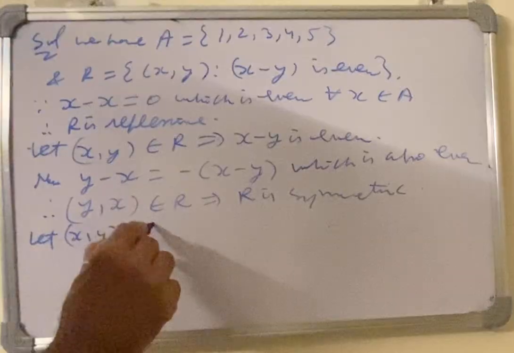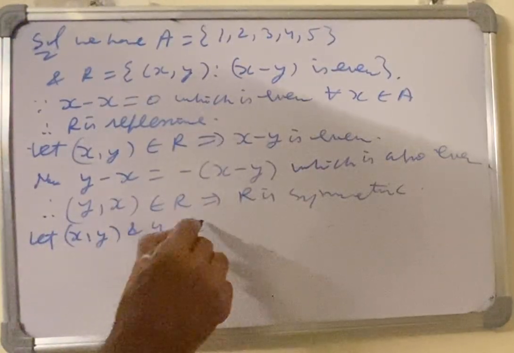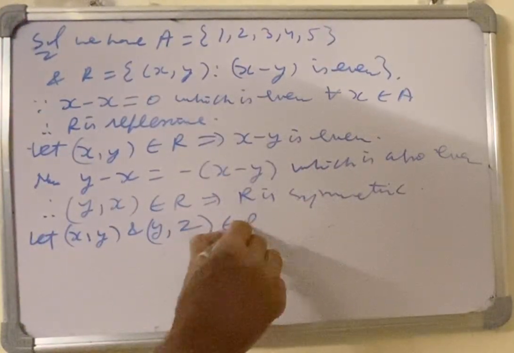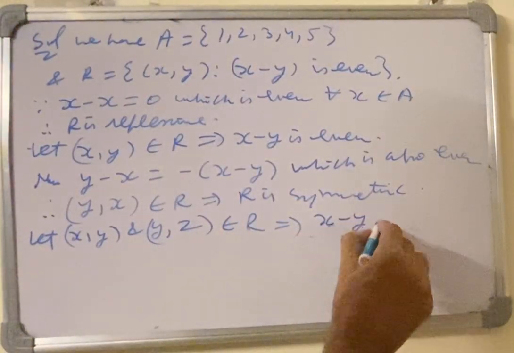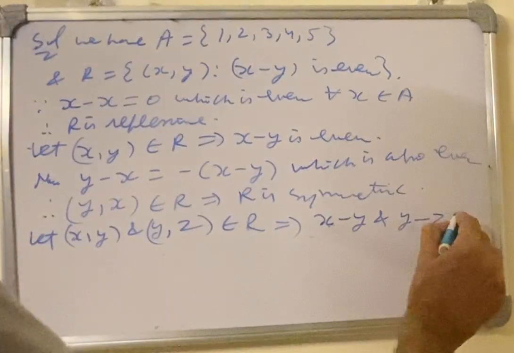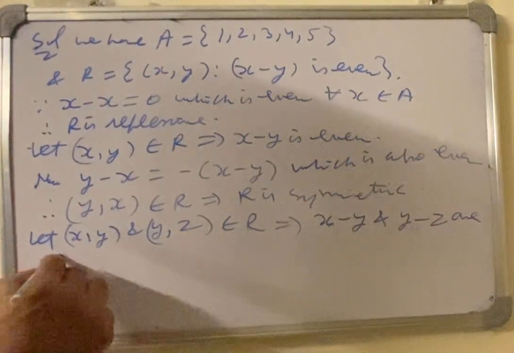Now let x, y and y, z belong to R, which means x minus y and y minus z are even.